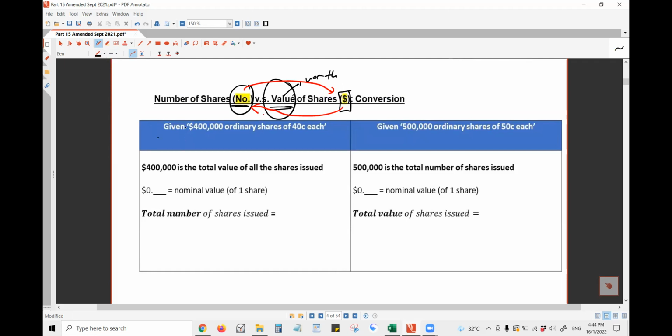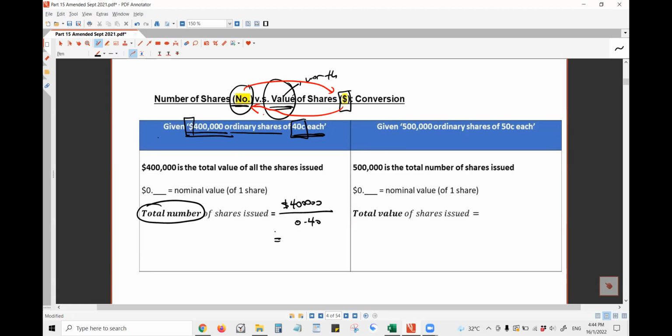On the left column, you see given 400,000. This is in value, right? This number is in value. Ordinary shares of 40 cents each. 40 cents each means every share is worth 40 cents. So how can you get from value to number? Easy. Total number of shares issued: you take $400,000 divided by 40 cents.